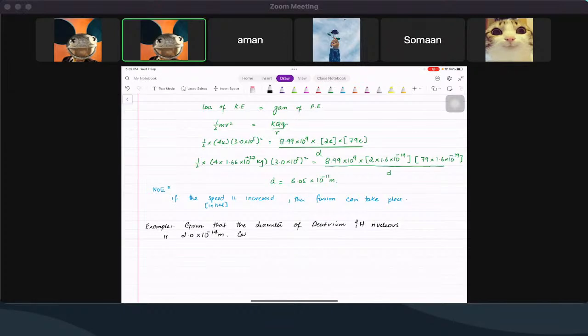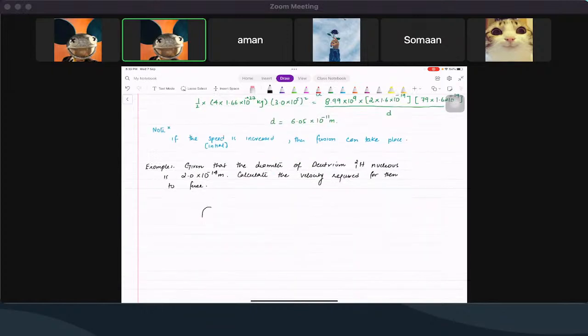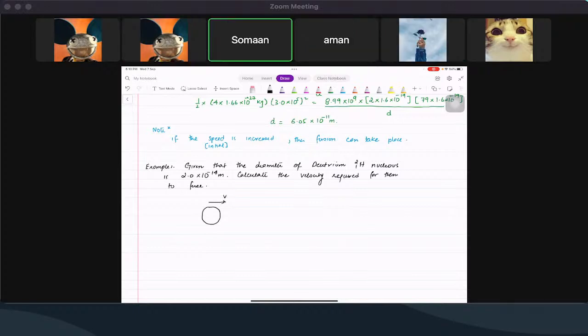It says calculate the velocity required for them to fuse. So basically what they're saying is that there is an atom of hydrogen. They've shown the diagram actually.